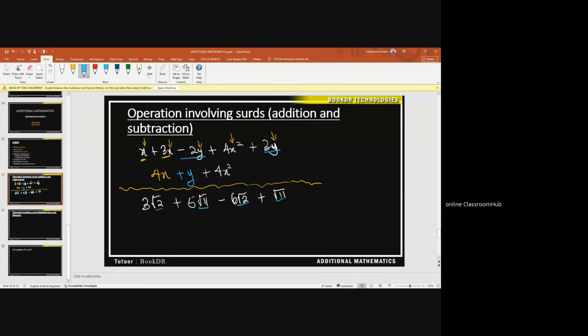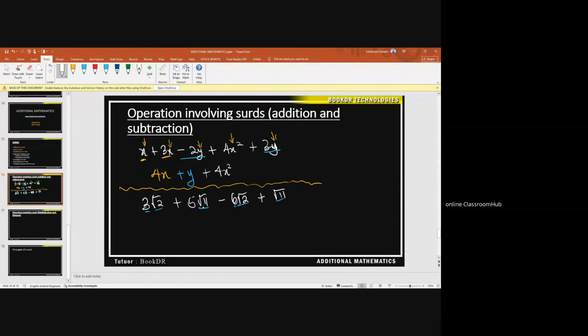Then, as we did with the algebra, we are going to add the numbers that are attached to these sets. So with this example, the 3 root 2 is a like set to minus 6 root 2. So you only manipulate the numbers that are attached to the root 2.